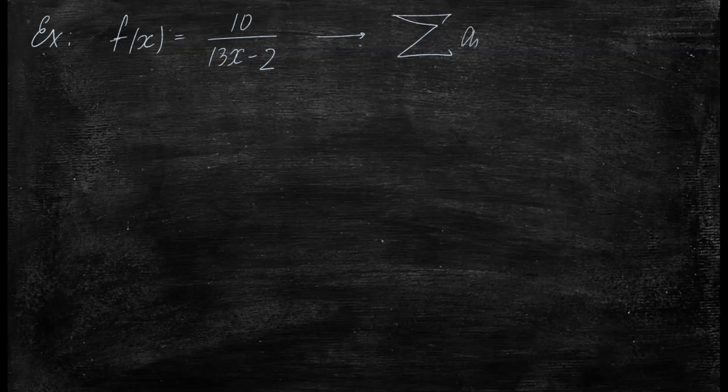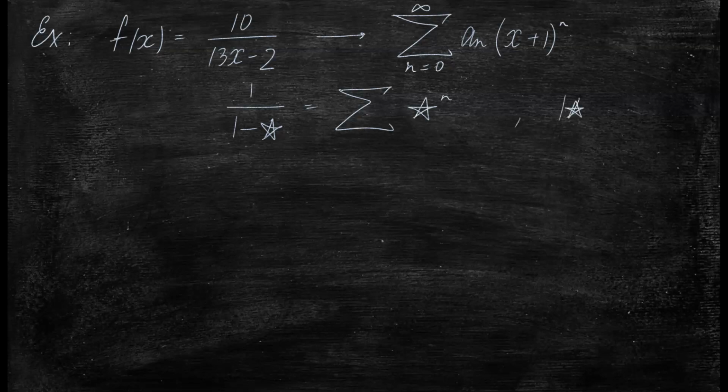So that means we are going to write it in this form. So remember, the only tool we have is that 1 over 1 minus something is equal to this, of course, when the absolute value of that something is less than 1.